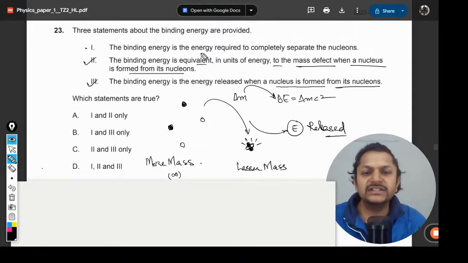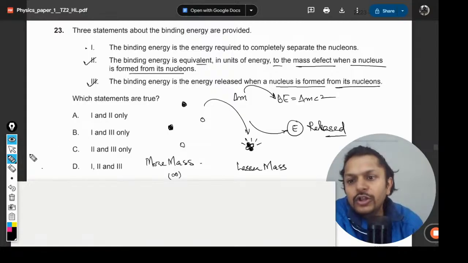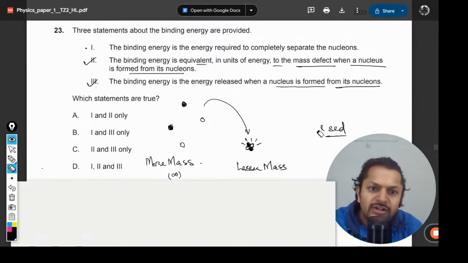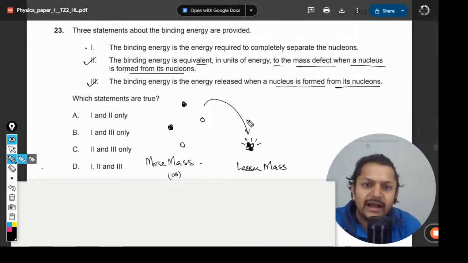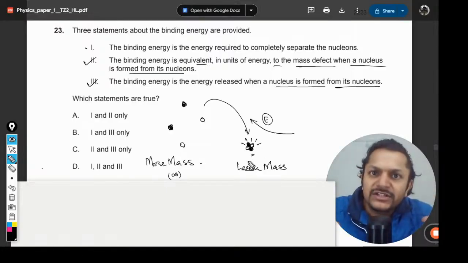The binding energy is the energy required to completely separate the nucleons. Now you want to break up the nucleus, so the same amount of energy has to be given back. When you give that energy back, all these nucleons will separate themselves.